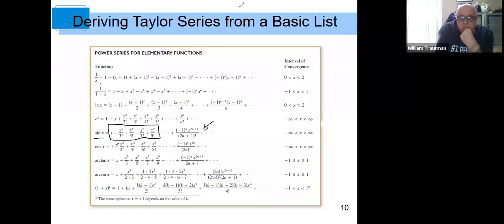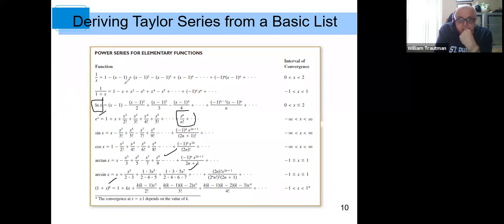And then they have other ones that we could be using. I mean, here's arctangent, arcsine. Again, it's a little confusing. This is just a power series. E to the x is a good one. And then we have just a couple of others that you can take a look at.